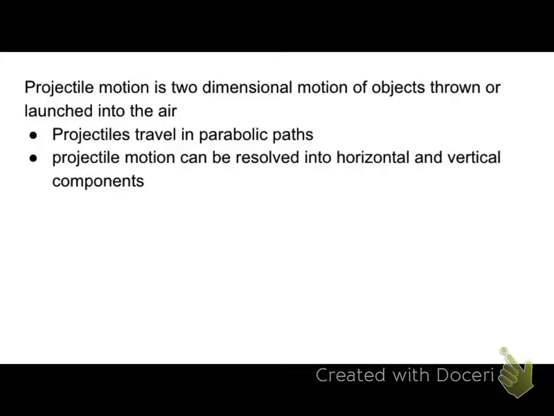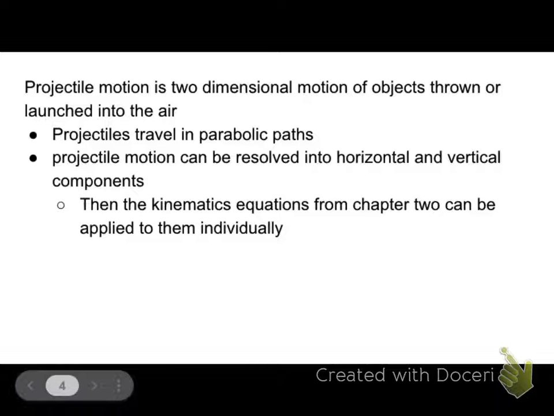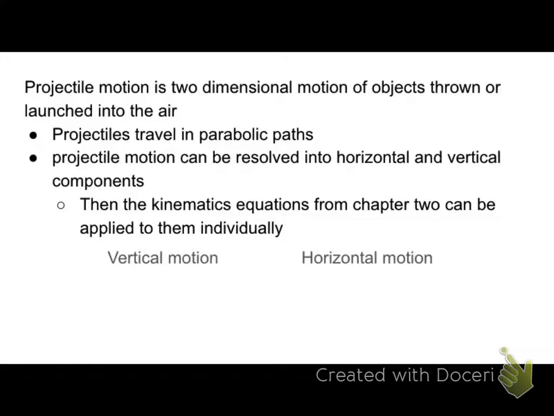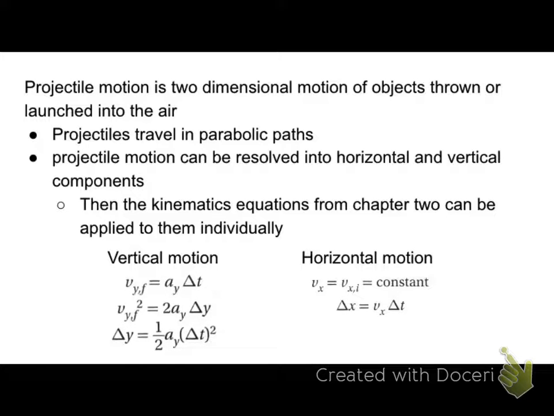Projectile motion can be resolved into horizontal and vertical components. And then the kinematics equations from chapter 2 can be applied to them individually. This is what those equations could look like. So you can take those kinematic equations and apply them just to the components.